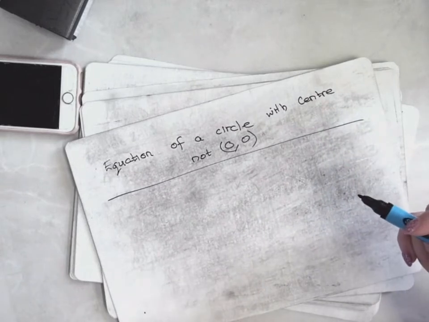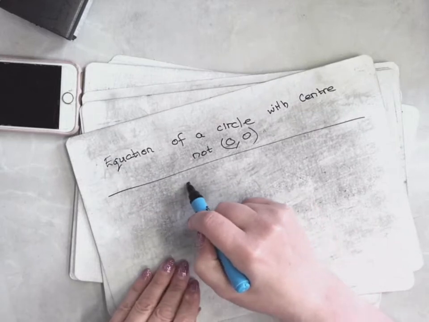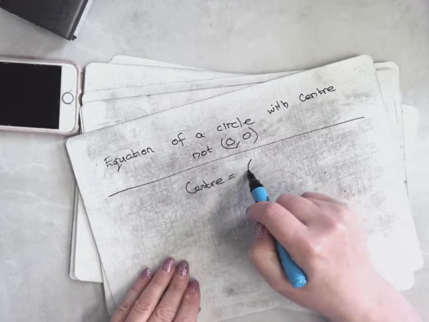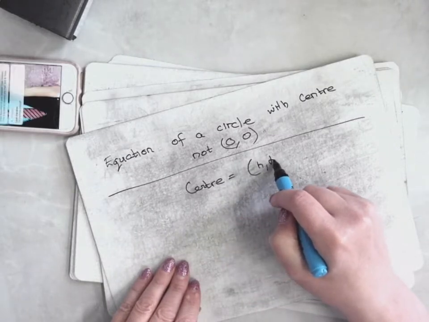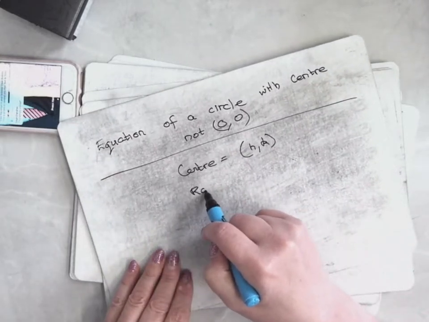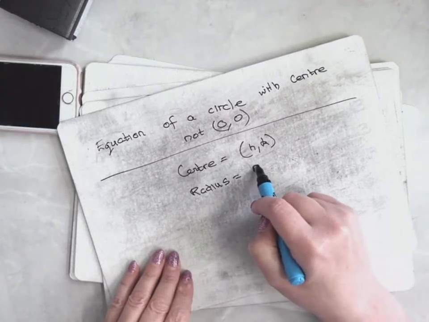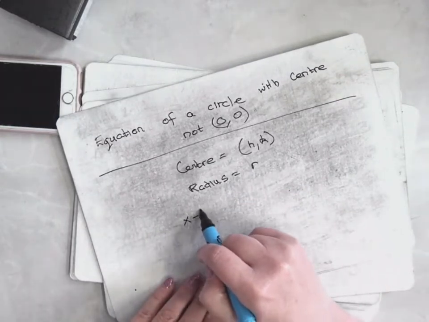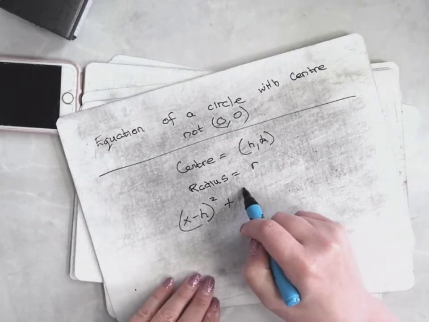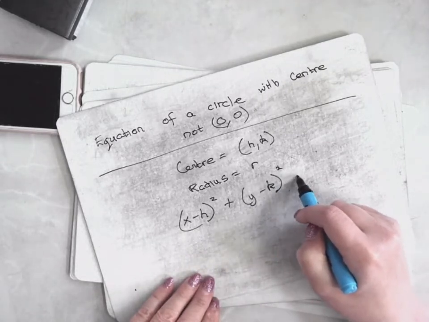The one for 0, 0 is not in the log tables, but the one for not 0, 0 is. So we call the centre (h, k), and the radius we call r again. The formula is (x minus h) squared plus (y minus k) squared equals r squared.